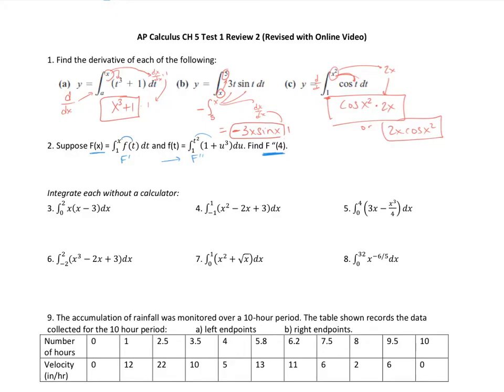So basically, in this problem, what we end up with is when we substitute this in here, we cannot forget the chain rule. So this part of it will become 1 plus the t squared, but it's really the x, because over here, this is going to be the f of x when we take our derivative. So we end up with 1 plus the t squared cubed over here times this 2t.